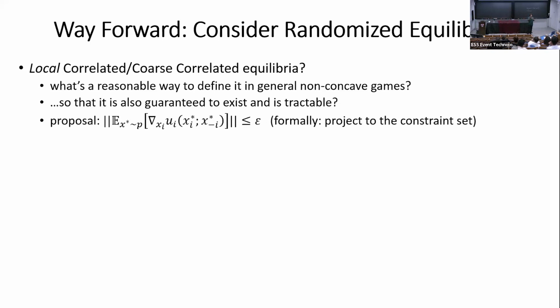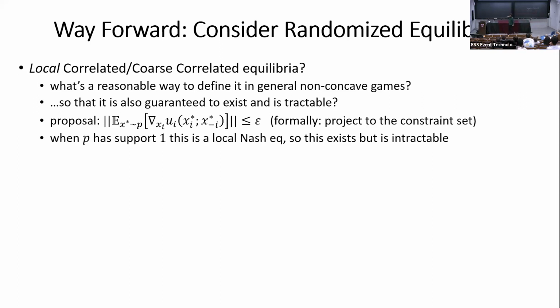I want a joint assignment, a randomized joint assignment of parameters to all the neural nets, so that in expectation, the expected gradient of every player is 0. So in expectation over the recommendations, there's no consistent direction that any one neural net can push towards to try to improve their utility.